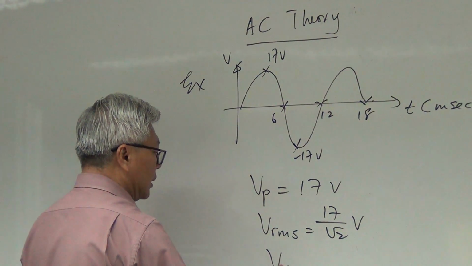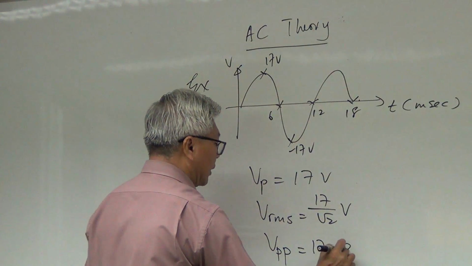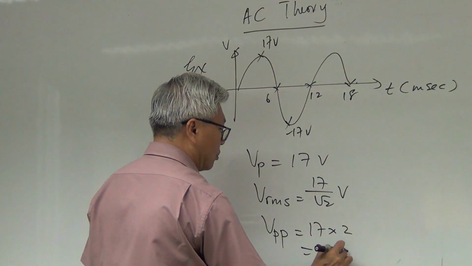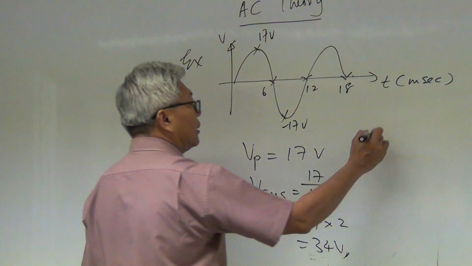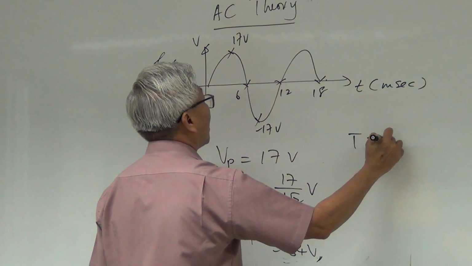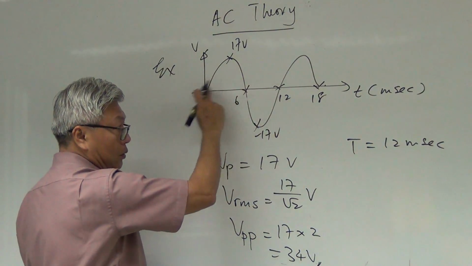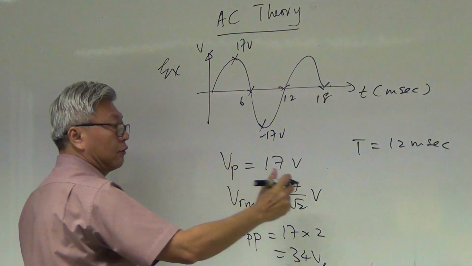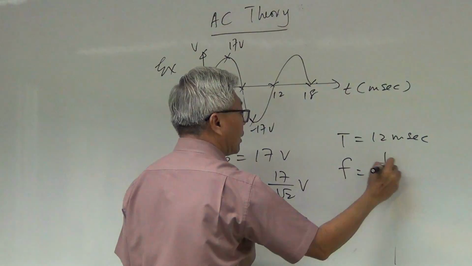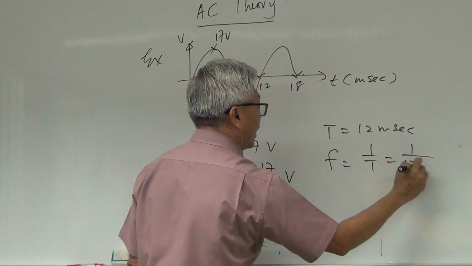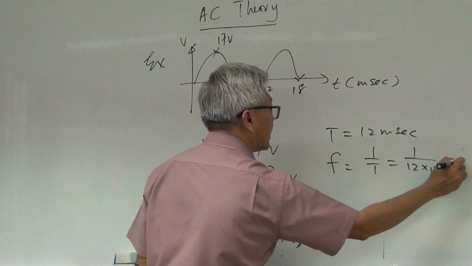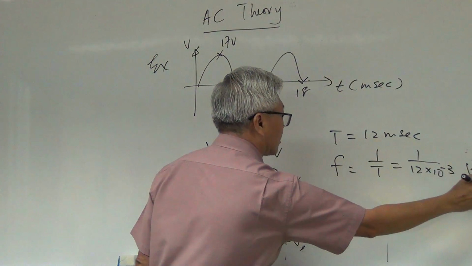The peak to peak is 17 multiplied by 2, 34 volts. Period is equal to 12 milliseconds. It's not 6 but 12 because it's the time for one complete sine wave. And frequency is 1 over T, so it's 1 over 12 times 10 power minus 3 hertz.